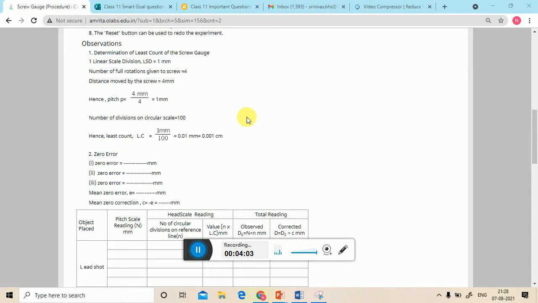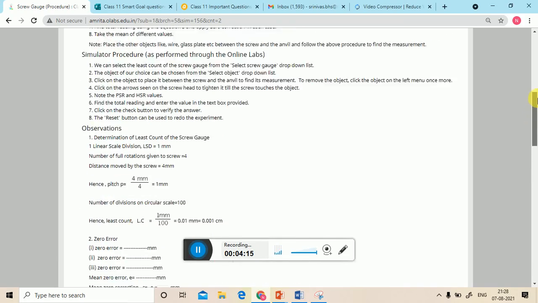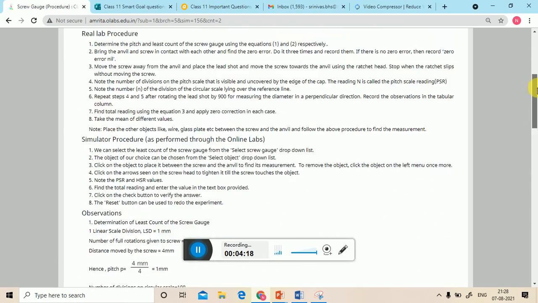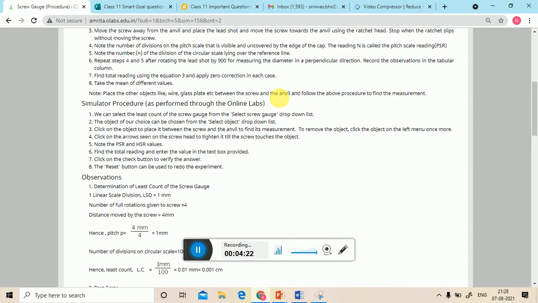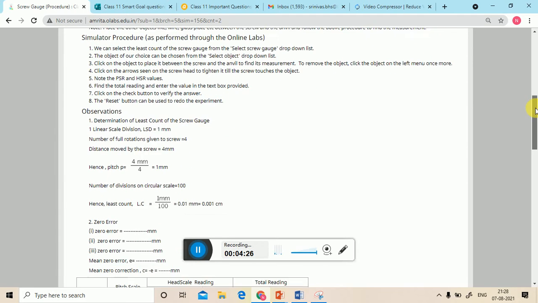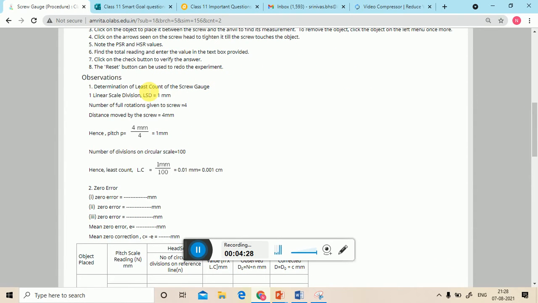The least count of the screw gauge can be determined by this procedure. First, the linear scale division means how much the screw is rotated so that the head scale will rotate, and the distance covered on the pitch scale is called the linear scale division.